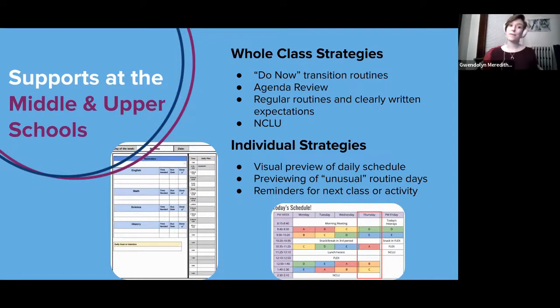Whether it's a fun unusual routine like fall festival, or even a fire drill, it can really disrupt a regular student's daily routine. By previewing some of those unusual days, we can help students feel like, even though this isn't a regular routine, they still know what to expect and what's coming.